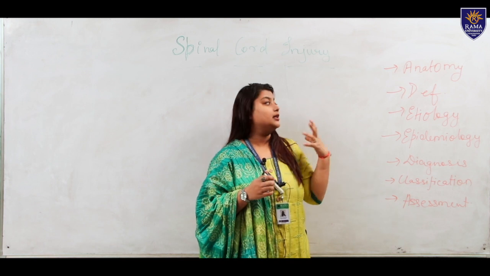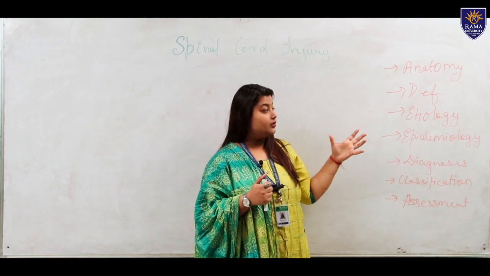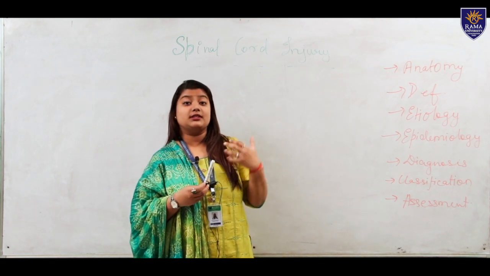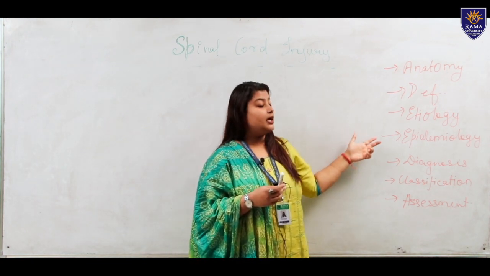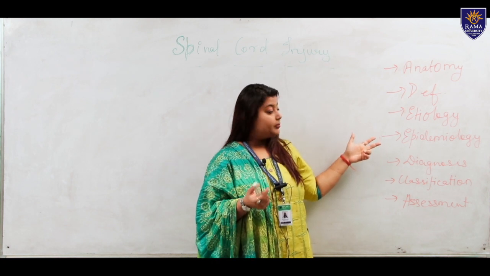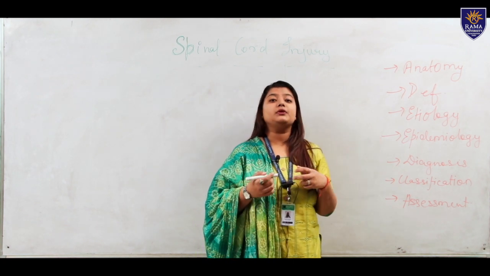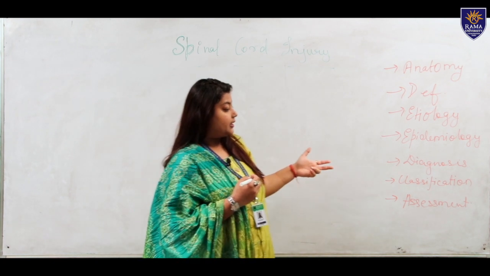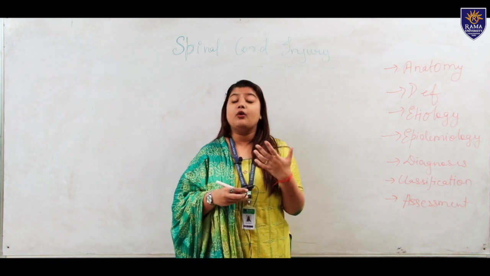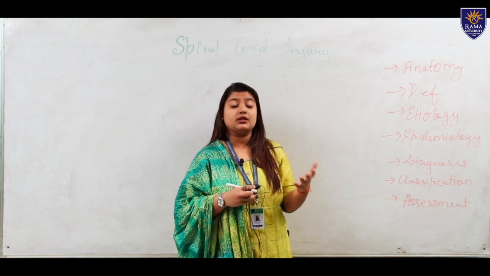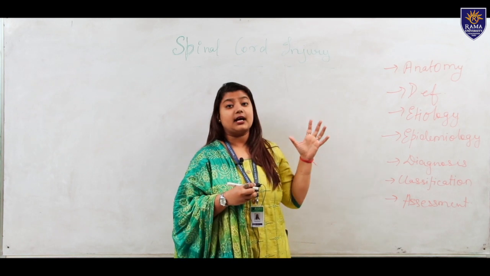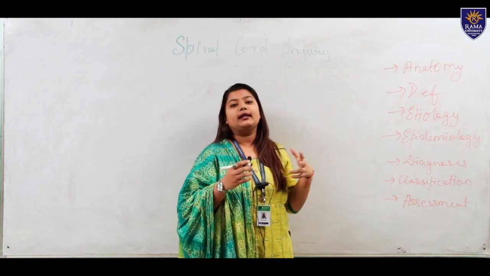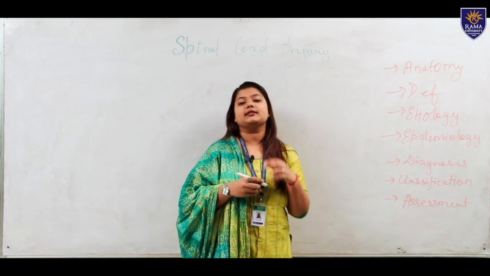Then the etiology, as in the causes of this disease, the epidemiology especially in the Indian population, the diagnosis through which we can confirm that a person is suffering from spinal cord injury, the classifications, how many types and how many distinctive characteristics are observed in a person with spinal cord injury, and then a detailed physiotherapeutic assessment.